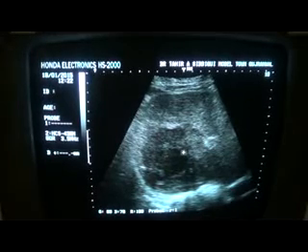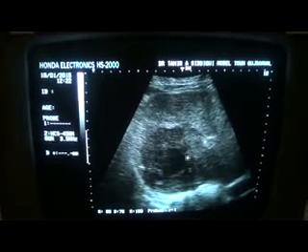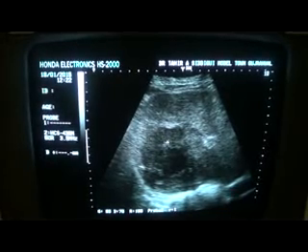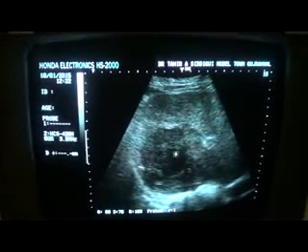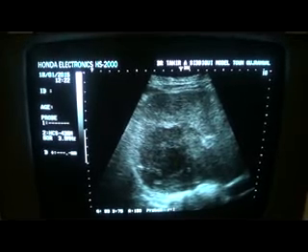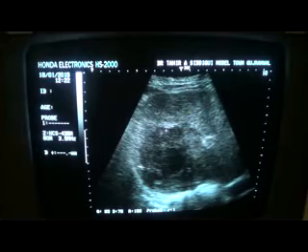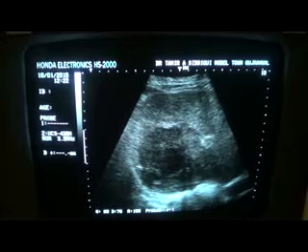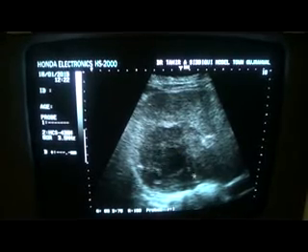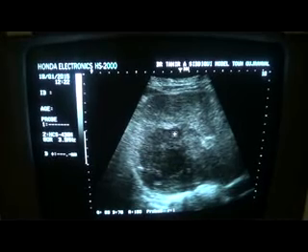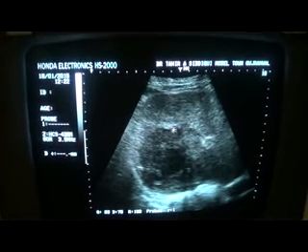Because of this thick band of hypoechoic area, when the waves travel through it, they are absorbed and attenuated so much that by the time they reach the posterior wall, they do not give you a strong back wall. So this is not a solid area. This is in fact a cystic area surrounded by a thick hypoechoic rim.